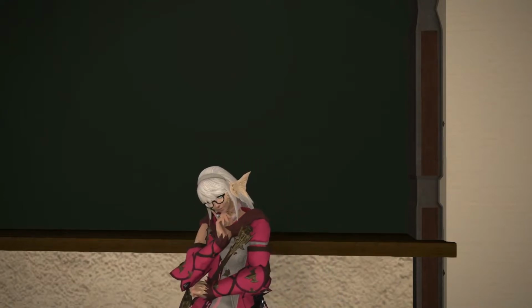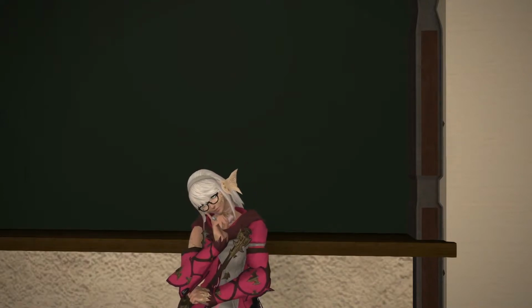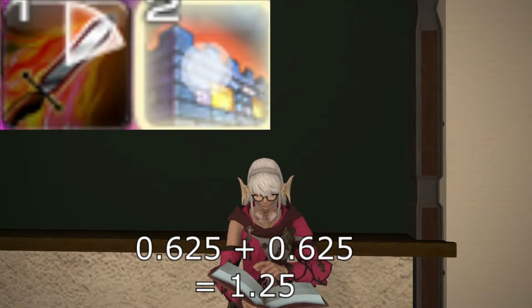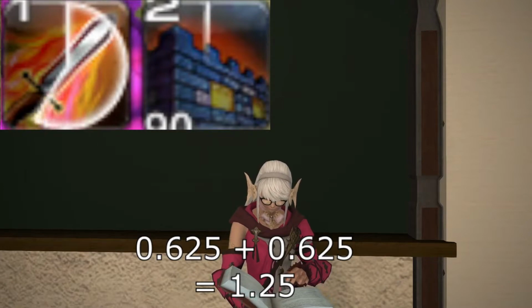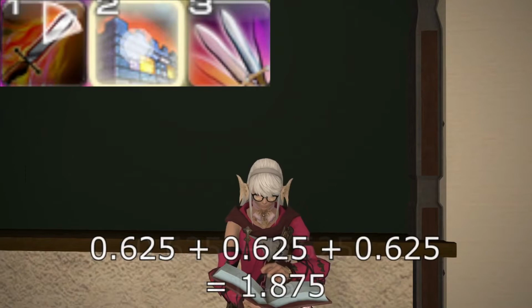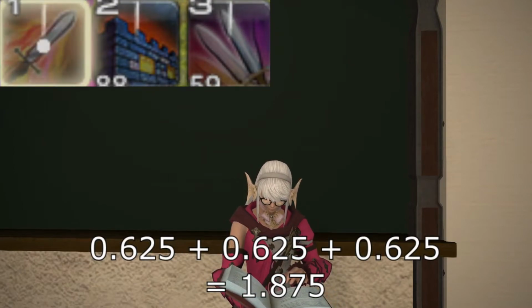To explain this, let's assume the 0.625 seconds animation lock per action. Then single weaving is 0.625 from the instant GCD plus 0.625 from the oGCD, resulting in a total of 1.25 seconds. Doing the same for double weaving, we add an additional 0.625, getting a total of 1.875 seconds.